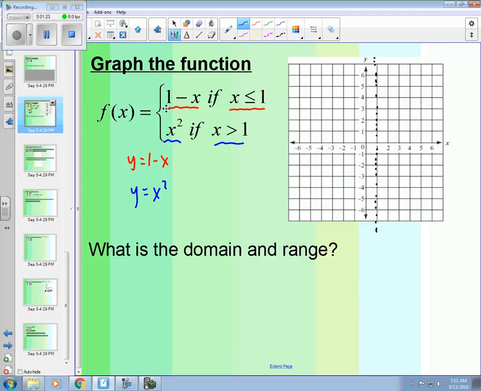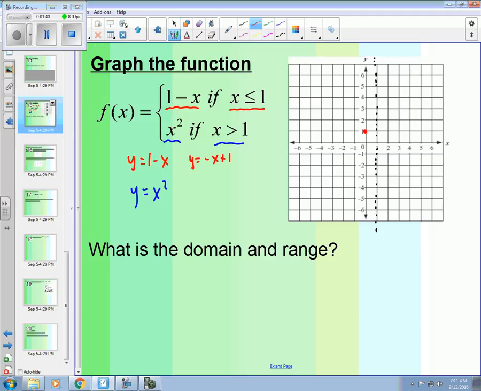So the line 1 minus x, that's a pretty easy line to graph. You guys have seen that before. That's just slope-intercept form. If we were to switch those two around, it would be y equals negative x plus 1. So that's one with a y-intercept of 1.